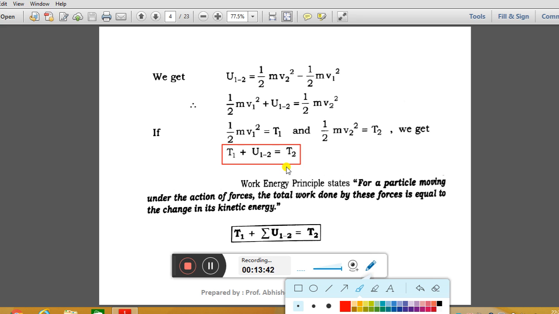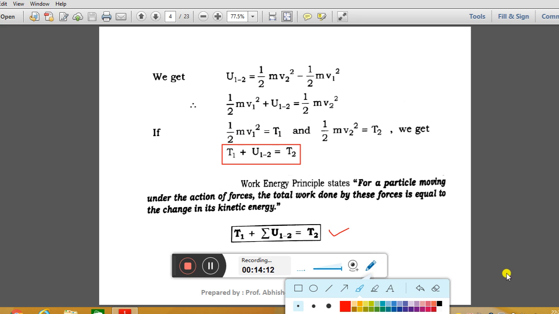When we extend this relation to the system of forces acting on the particle, the work energy principle states that for a particle moving under the action of forces, the total work done by these forces is equal to the change in kinetic energy. So this is the generalized equation for the work energy principle.